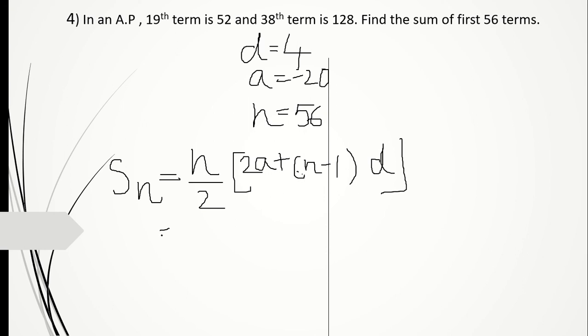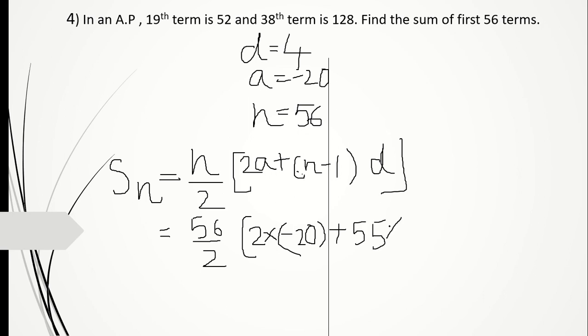Okay, so that's equals to 56 upon 2, 2 into a, we got minus 20, plus n minus 1, n is 56, 56 minus 1 is 55, into 4, d is 4.